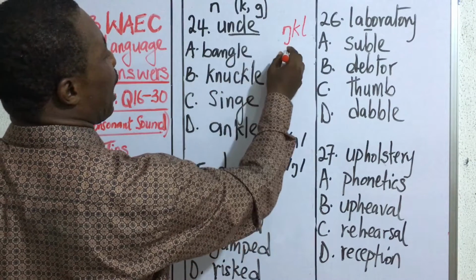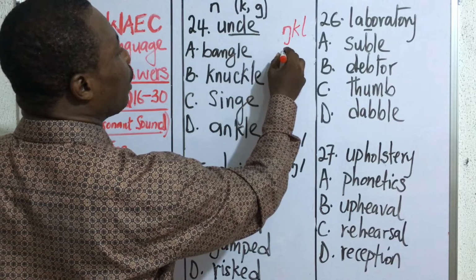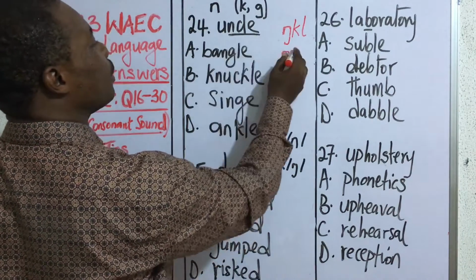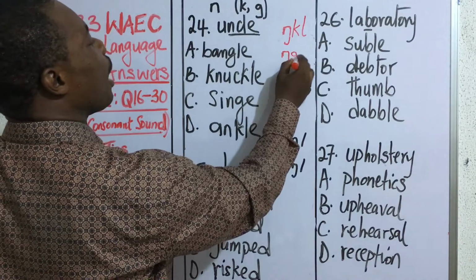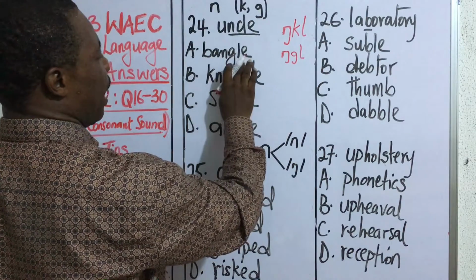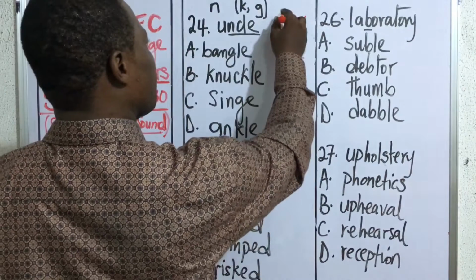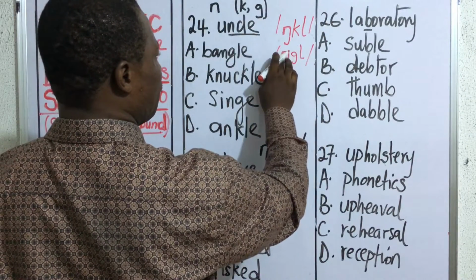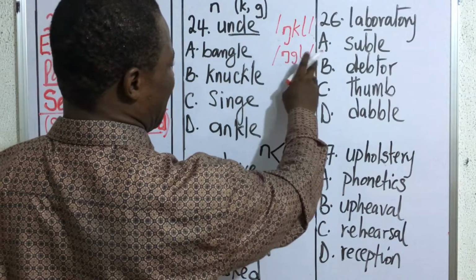So here it's not an N any longer. So you have ng and then you have G, and then you have L. That's bangle. These two slashes represent pronounced as or sound as.